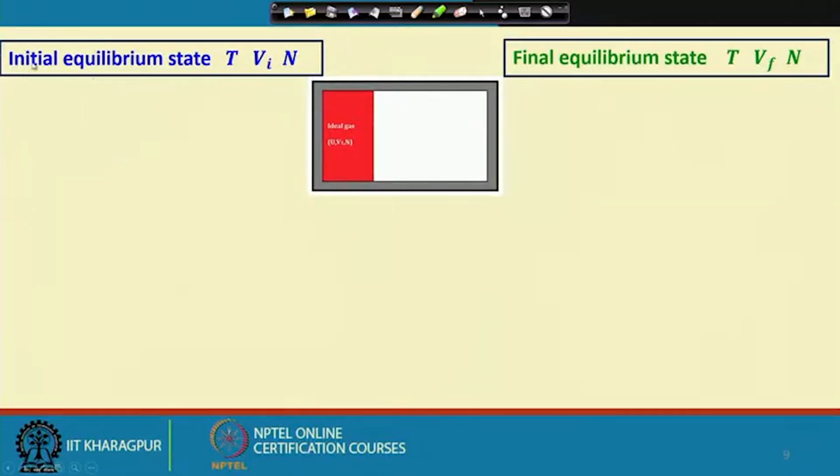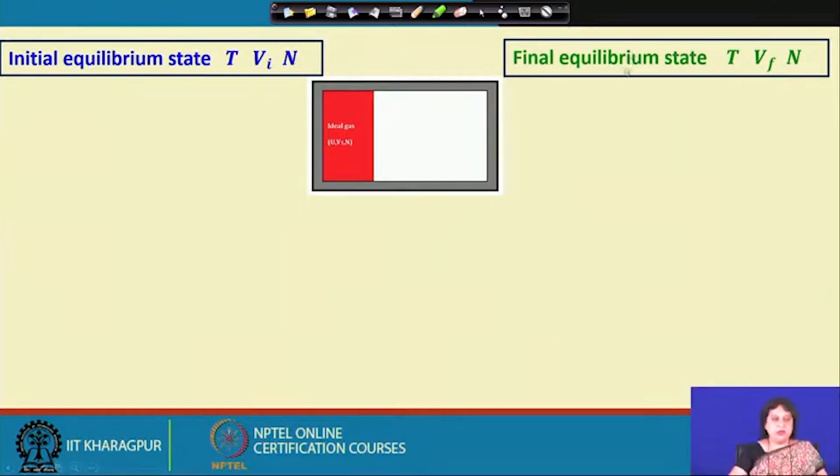So, basically we are looking at the change in state whereby the system starts from this initial equilibrium state characterized by these three variables: temperature T, volume of this ideal gas Vi, and N, the number of particles constituting the ideal gas. And we are looking at the change in state whereby it reaches the final equilibrium state with the same temperature and the same number of particles, but a different volume that is designated as Vf.